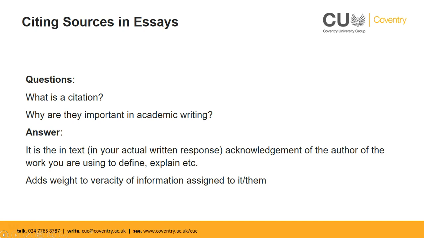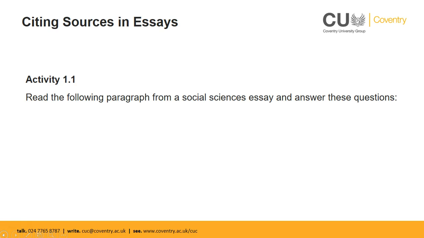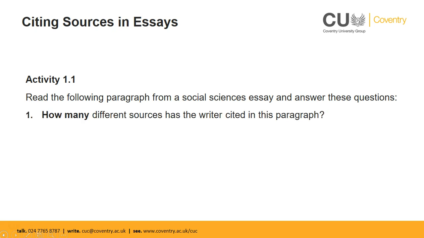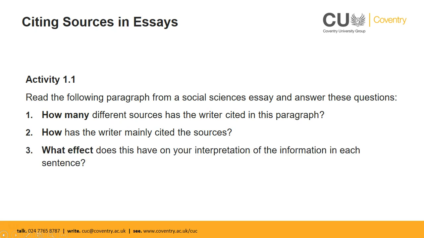Okay, so let's look at citing sources in essays. We'll look at this through activities, and here's the first one. On the following slide, there is a paragraph from a social sciences essay, by a final year student, and I'd like you to read this and answer these questions. How many different sources has the writer cited in this paragraph? How has the writer mainly cited the sources in the writing?